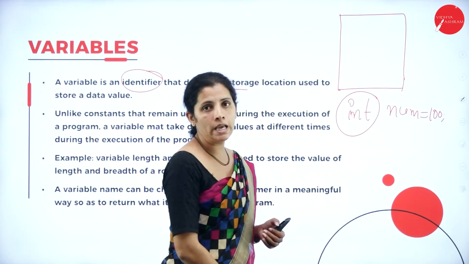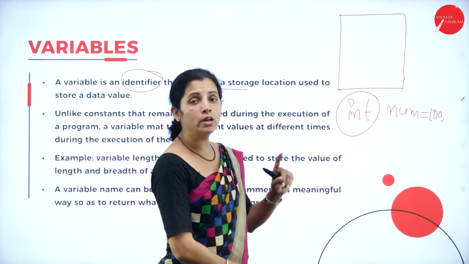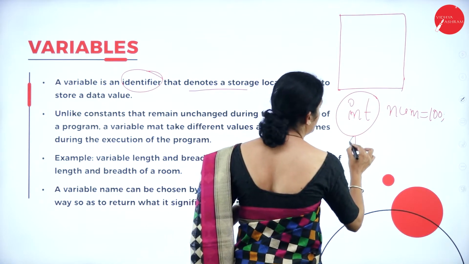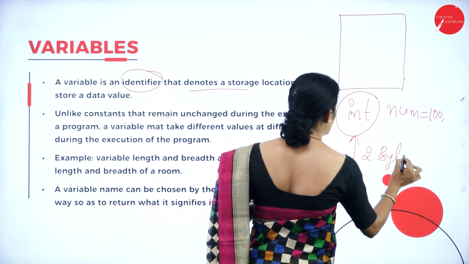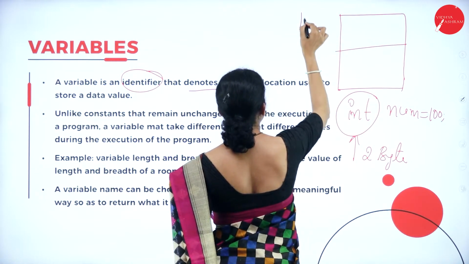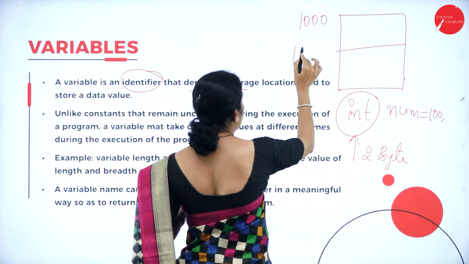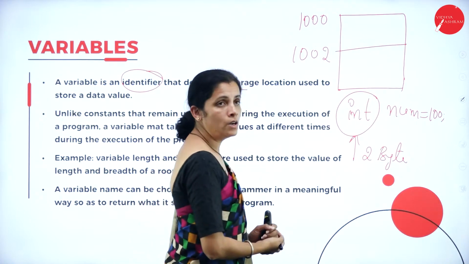It is nothing but the integer. Integer is capable of holding 2 bytes of memory. So what is the size of the memory? It is 2 bytes. Now think that my memory address is going to start from 1000 and end with 1002.